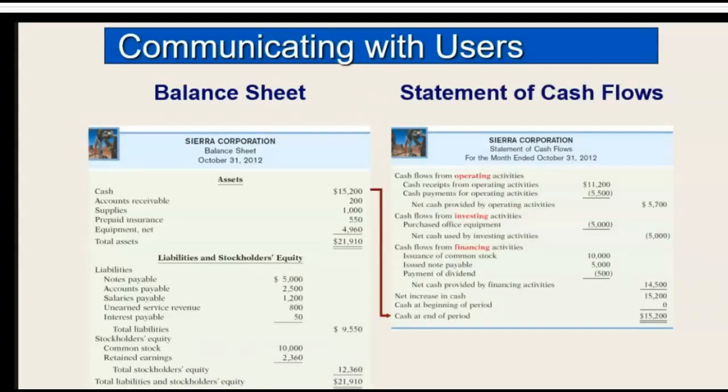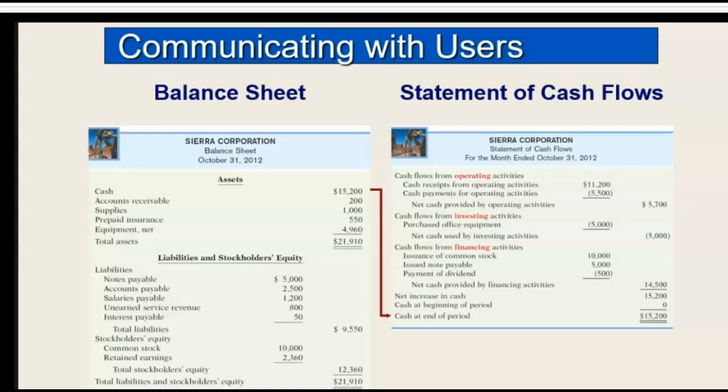Now, the final statement is a very important statement, which we'll take more depth later in this course, and that is the cash flow statement. Now, this is a cash flow statement, time period from October 1st to October 31st. Now, what we're explaining is the total cash that they have, $15,200.